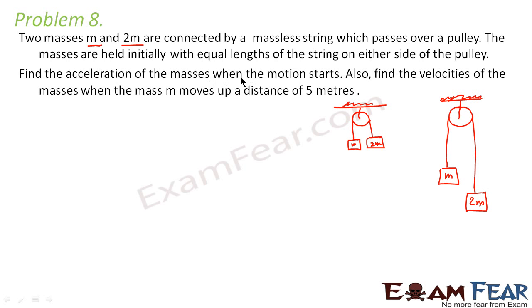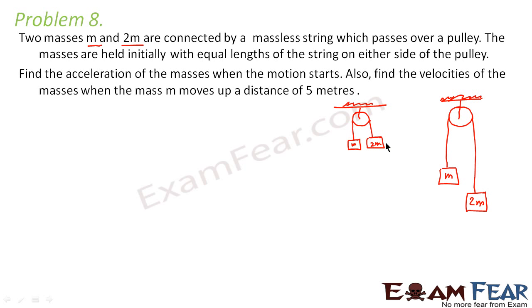Find the acceleration of the masses when motion starts. That means initially the masses are at the same position. Now when the system is left to itself, the masses start moving. I have already told you in the tips that whichever mass is greater will move in the downward direction.